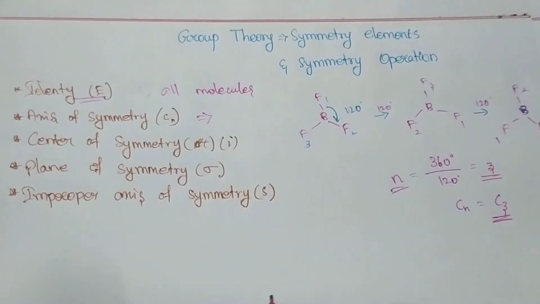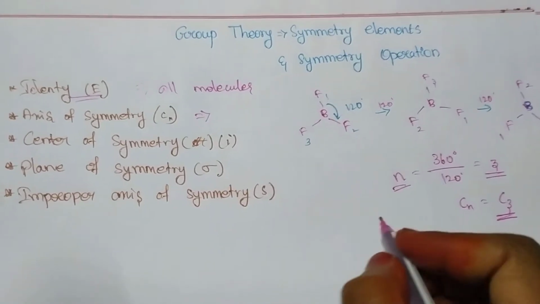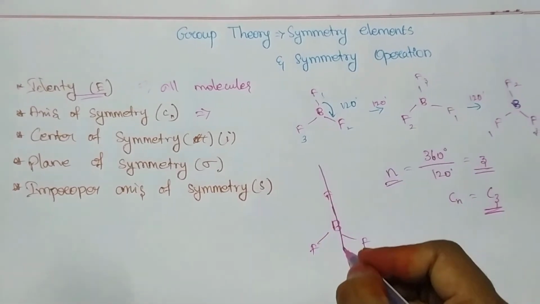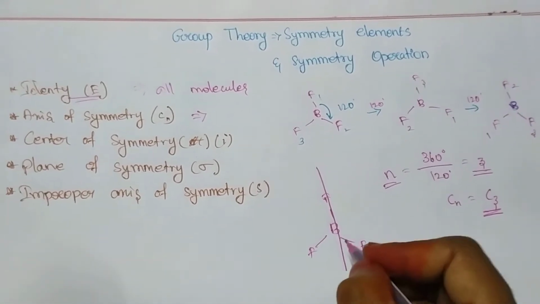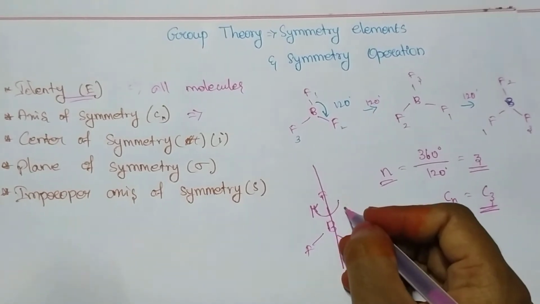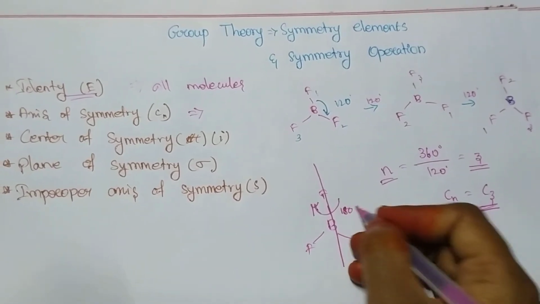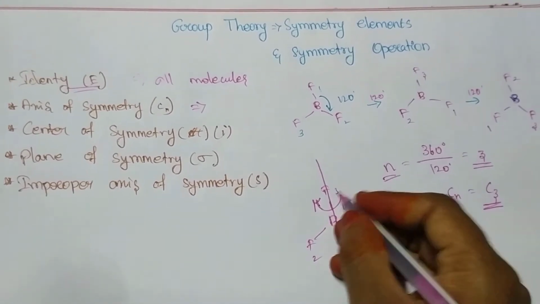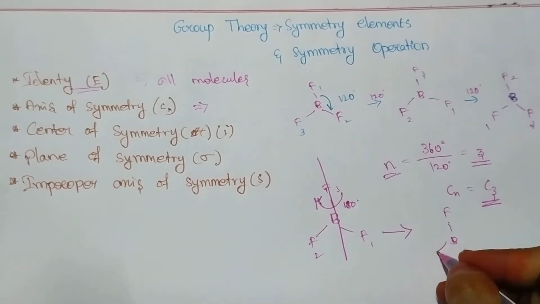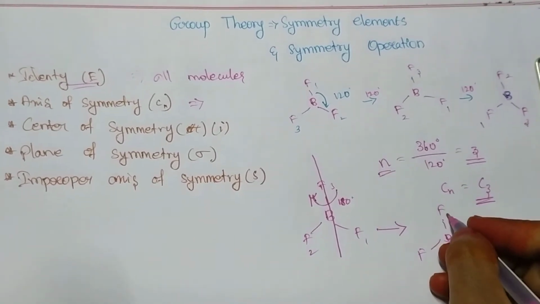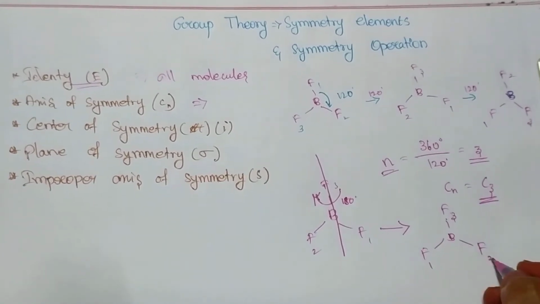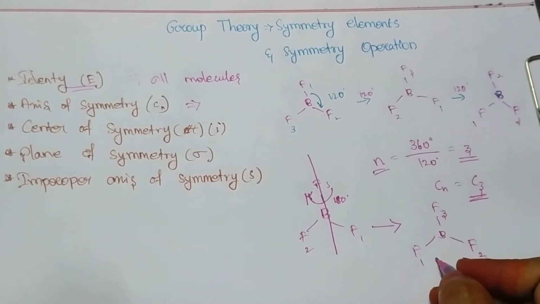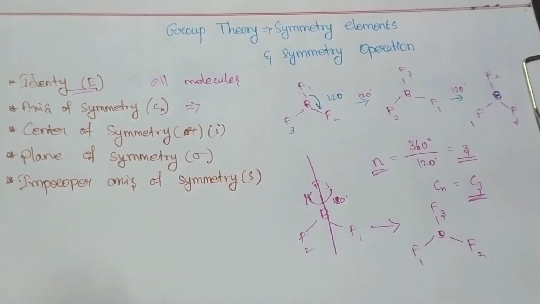Now we rotate in this angle. We rotate 180 degrees. If we rotate 180 degrees, this fluorine remains the same, but these two fluorines are interchanged. Again if we rotate 180 degrees, we get the starting structure.